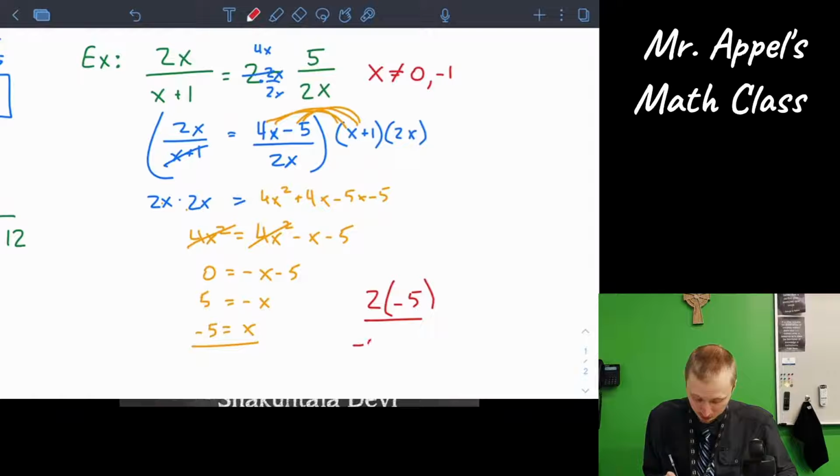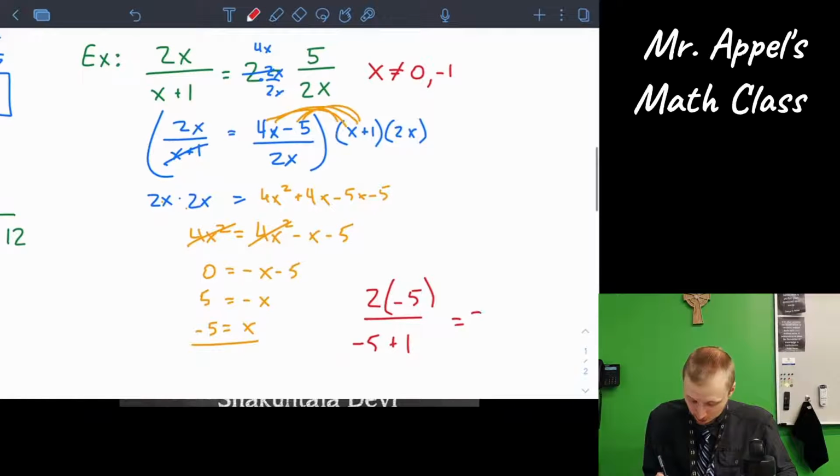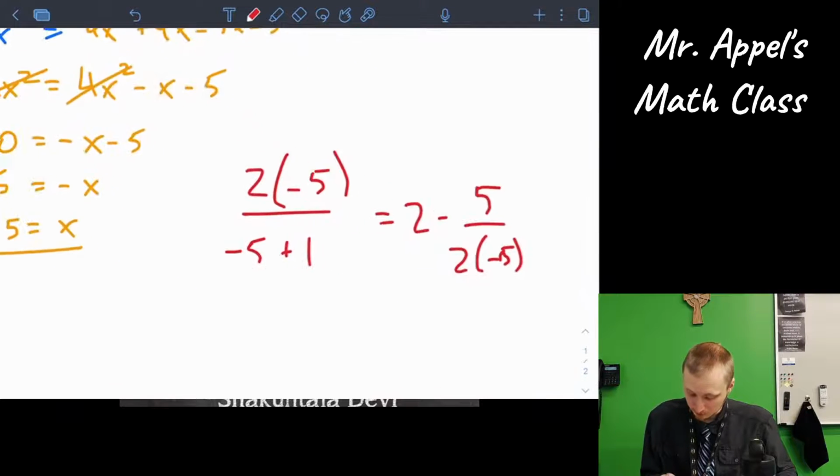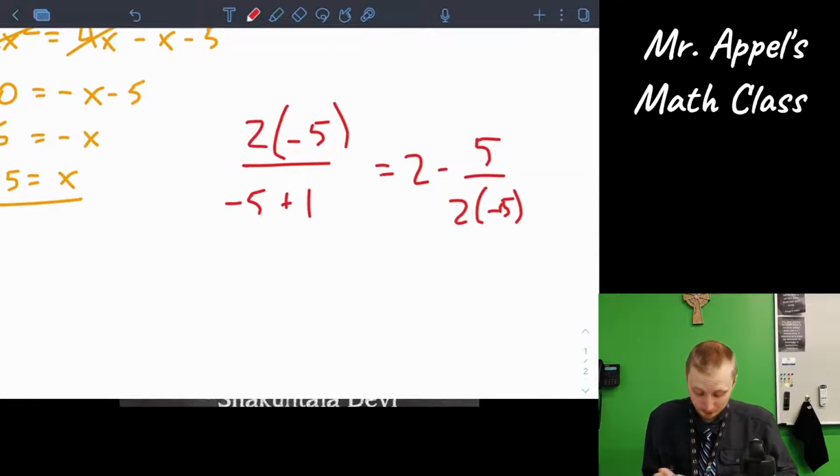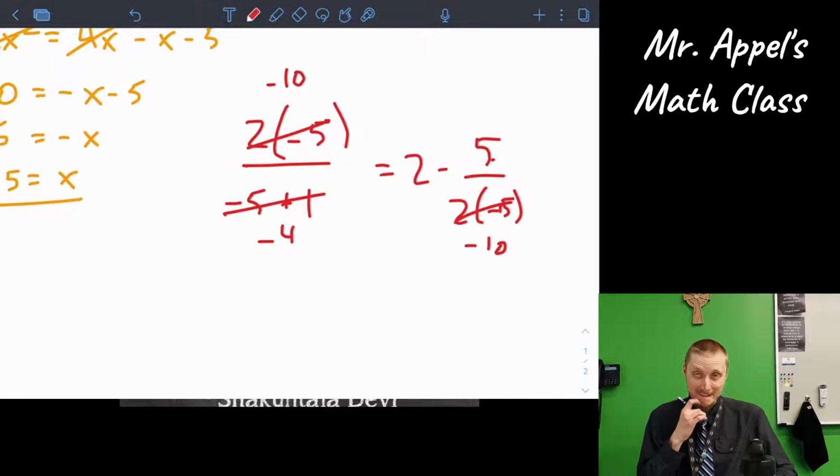Maybe this doesn't work. Does this equal 2 minus 5 over 2 times negative 5? This is negative 10. This is negative 4. And this is negative 10. 5 divided by 10 is 1/2.